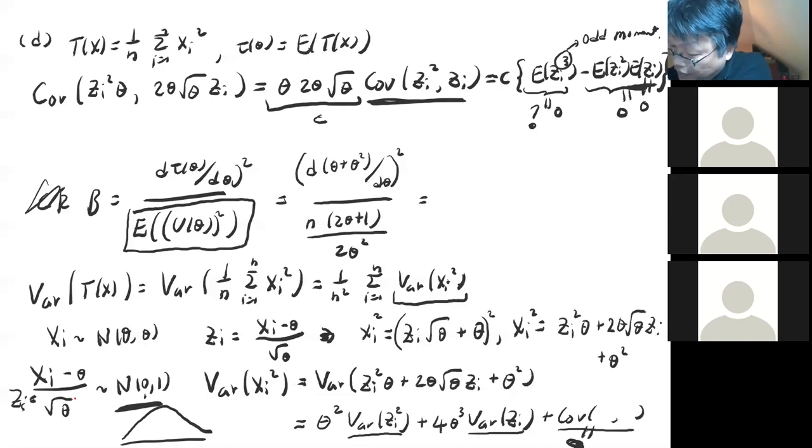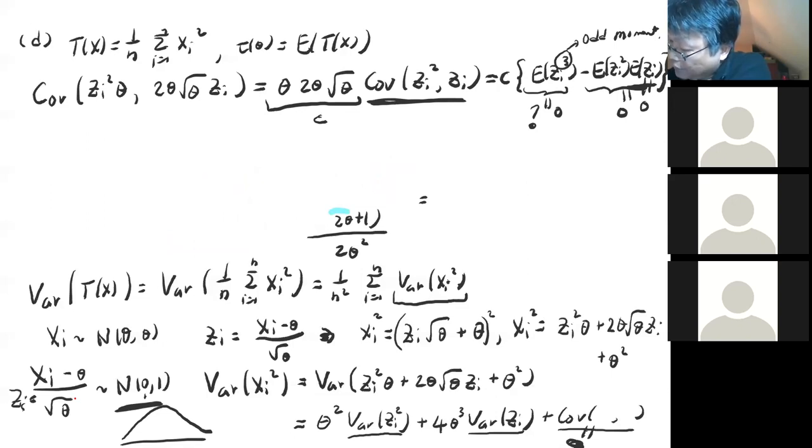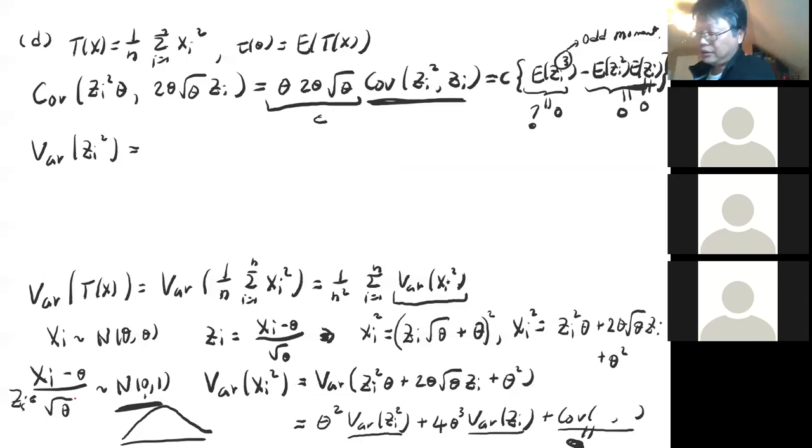Sorry about that. That diverts. Maybe I can create another whiteboard. That diverts to working on the variance of Zi squared. Okay, good, so it's actually easy then. We know Zi is normal 0, 1, right?